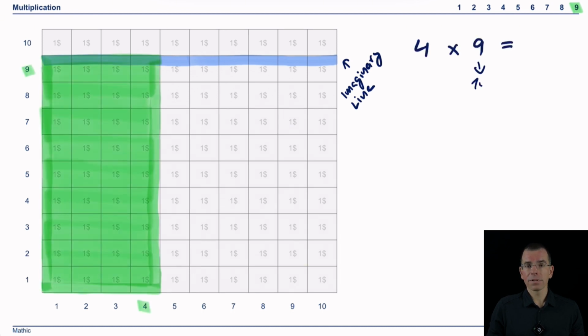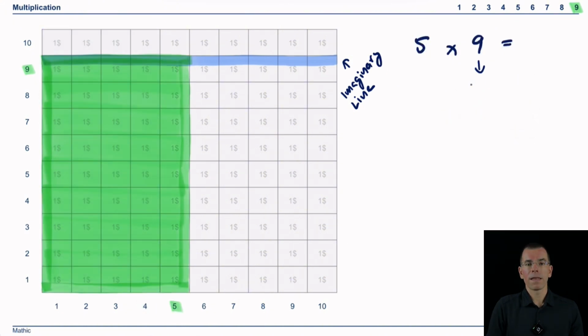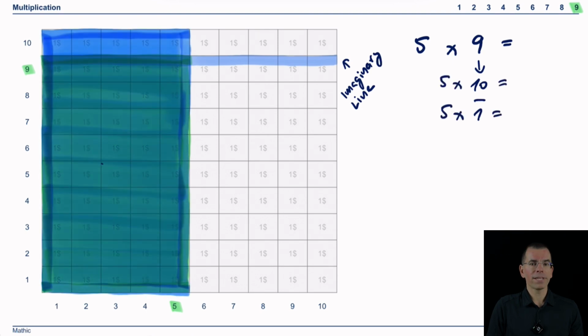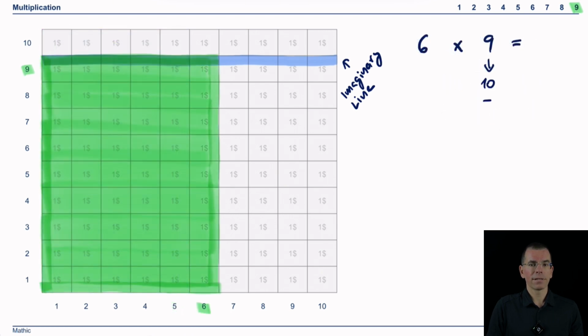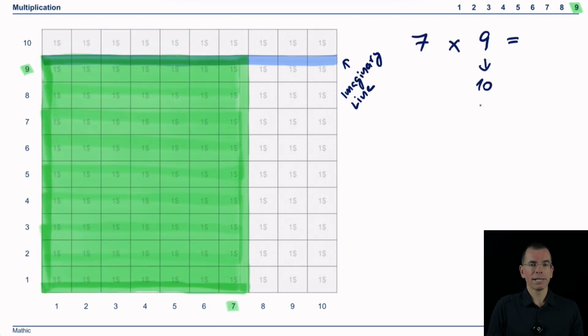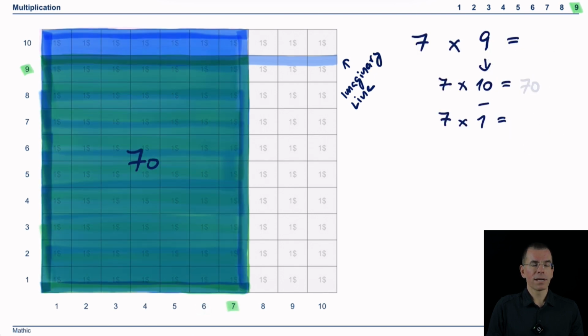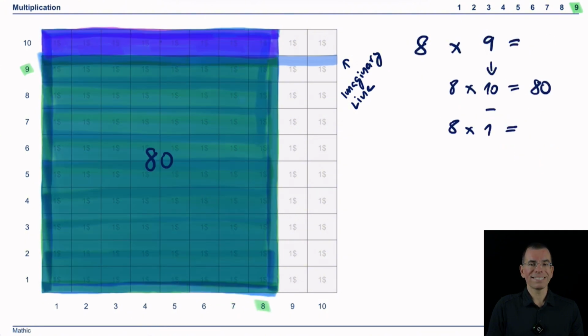4 times 9, that is 4 times 10, less 4 times 1. 5 times 9, that is 5 times 10, less 5 times 1. 6 times 9, that is 6 times 10, less 6 times 1. 7 times 9, that is 7 times 10, less 7 times 1. 8 times 9, that is 8 times 10, less 8 times 1.